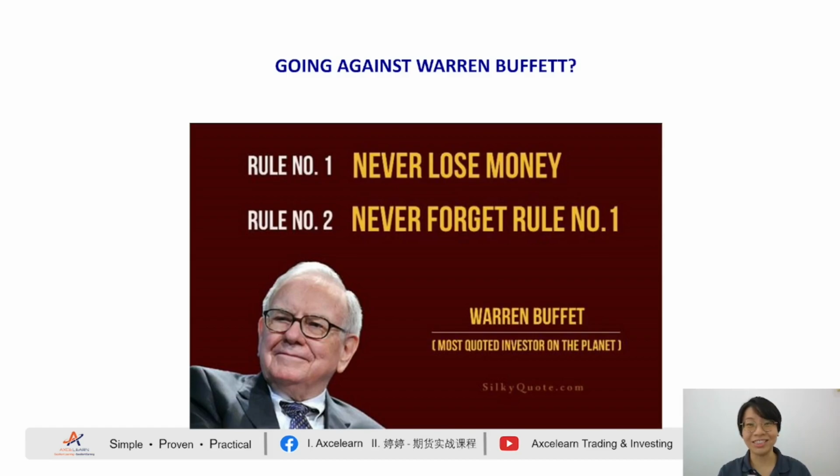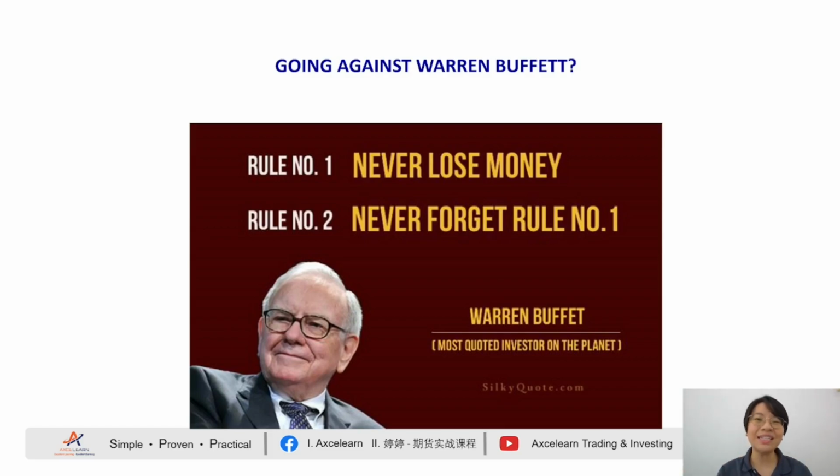Now, this is the concept. First, I definitely don't agree with the concept of never losing money. But the question is whether our interpretation is correct or not. Sometimes when people write a sentence, it doesn't mean they intend that interpretation. The same sentence, different people will interpret it differently.